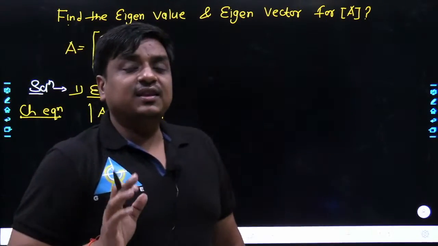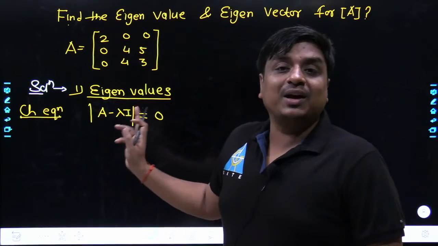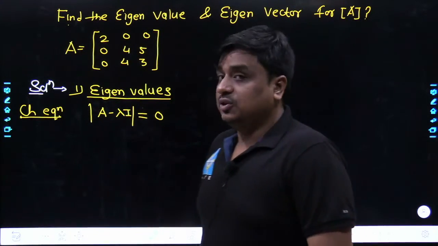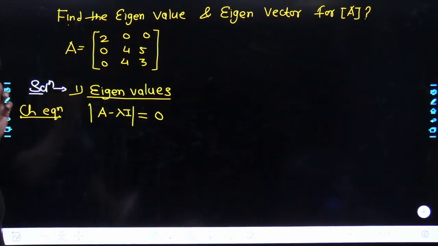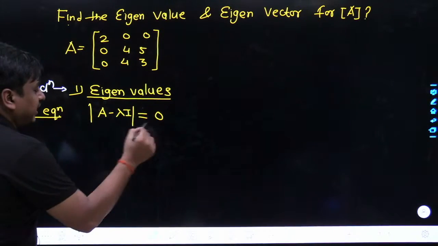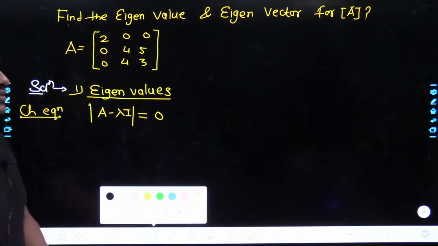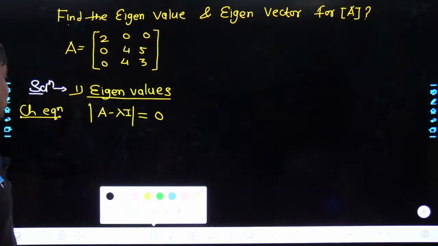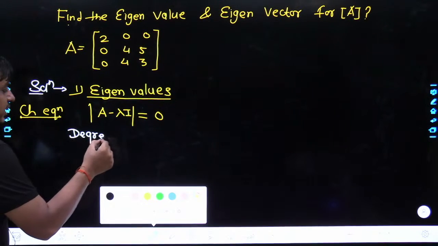Whenever I say the characteristic equation of any square matrix, by default it is mod of A minus lambda I equals 0. That's the first thing. Now may I know what would be the degree of this characteristic equation? That is the next point to be noted, because a few conceptual problems are asked from here.